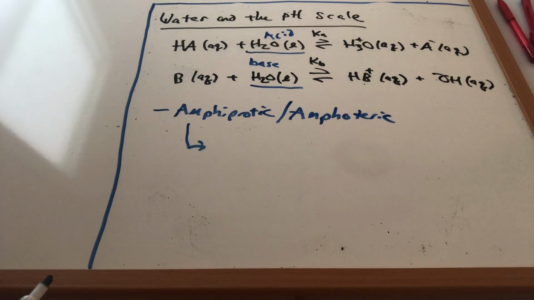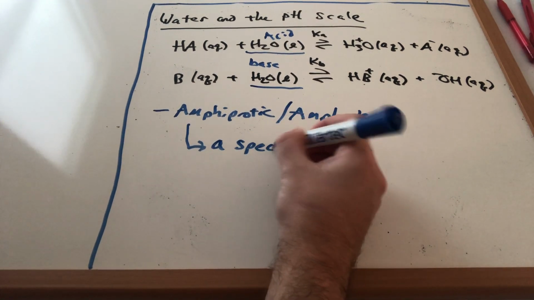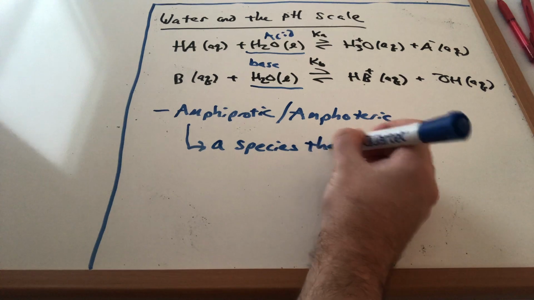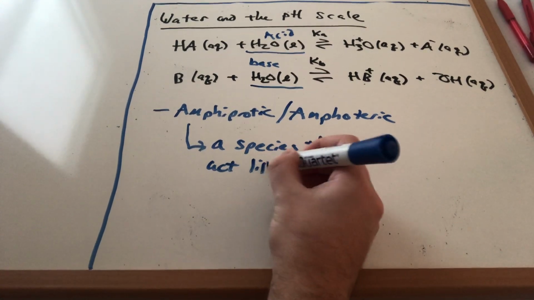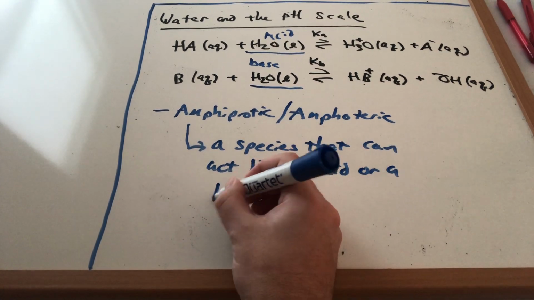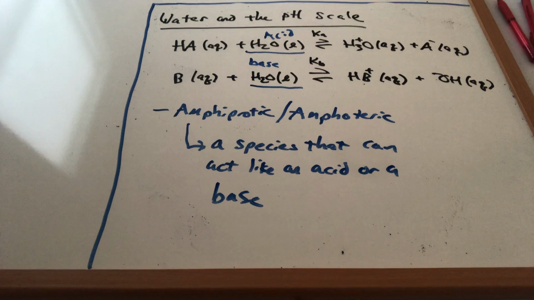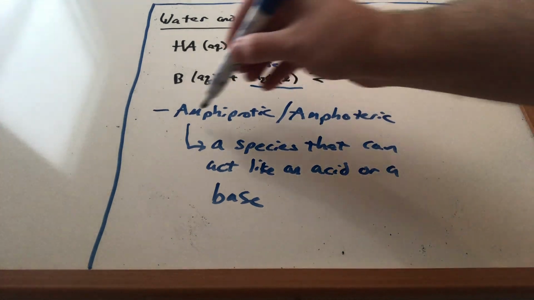Amphiprotic and amphoteric, they mean the same thing. They mean a species that can act like an acid or a base, right? So water, we see from our information from last time, sometimes acts like an acid, sometimes acts like a base.